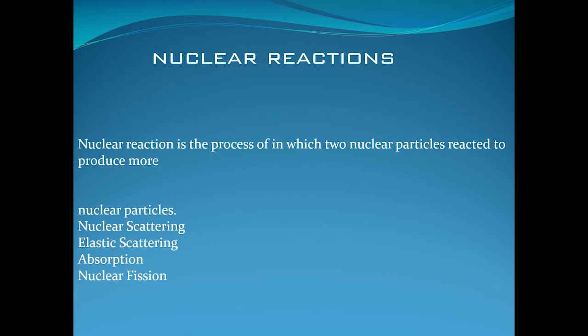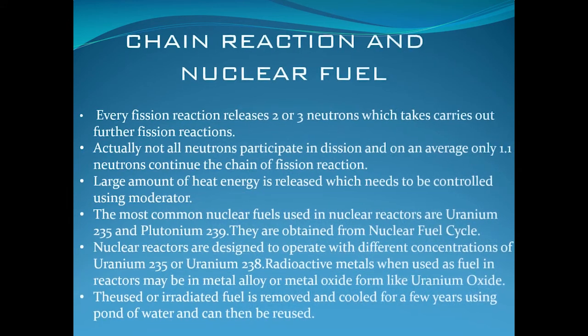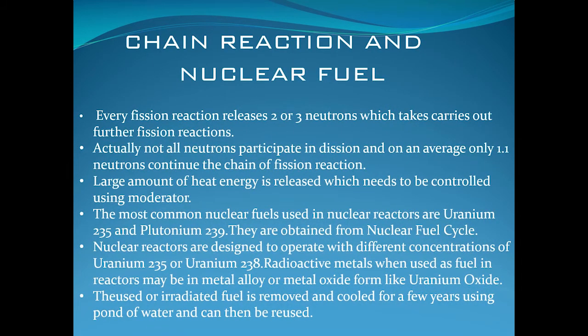Now, what is meant by chain reaction and what is meant by a nuclear fuel? Chain reaction is a process in which neutrons emitted from a nuclear fission further undergo fission. They bombard other nuclei and result in more and more fission reactions.